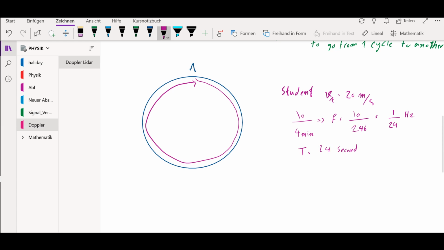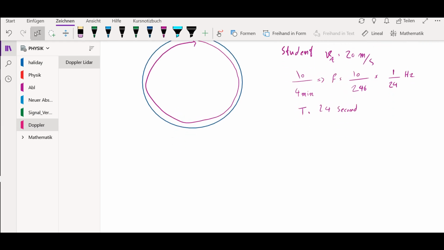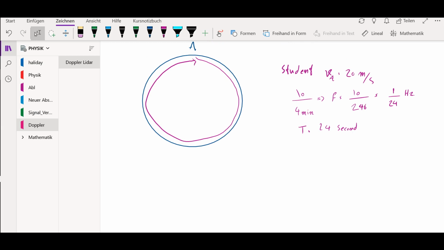So what is the distance of this cycle? What is the distance he covered running around the circle? Is it 100 meters? How big is it? So it is basically my distance, or my velocity is my distance over my time, or in this case our period.